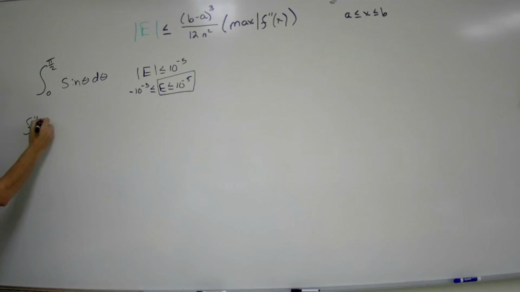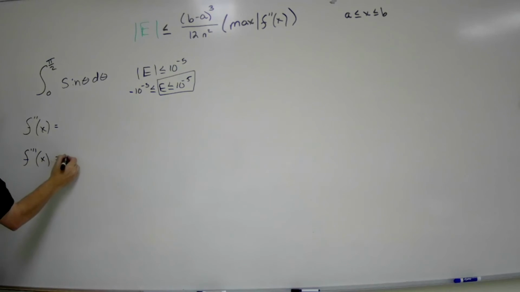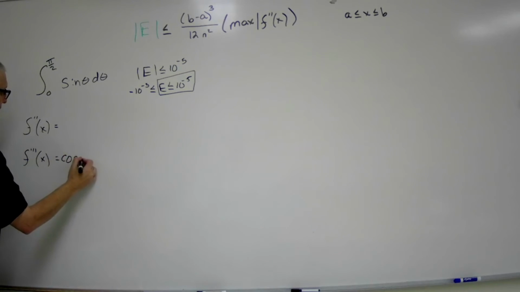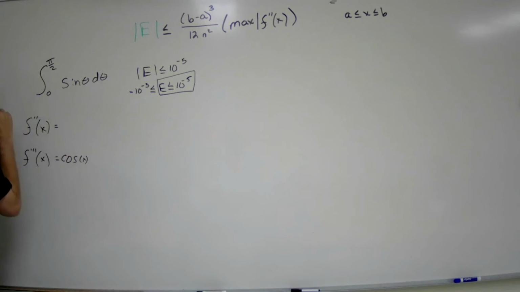Sine goes to cosine. Should be cosine, right? So the third one should be cosine. Am I right?